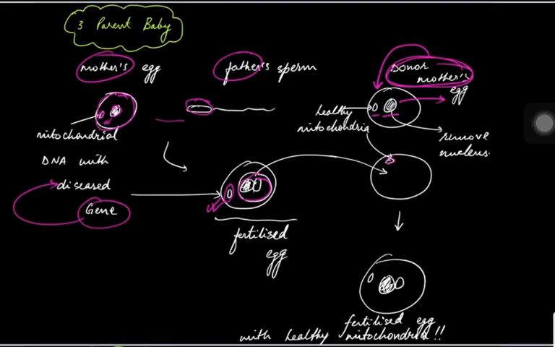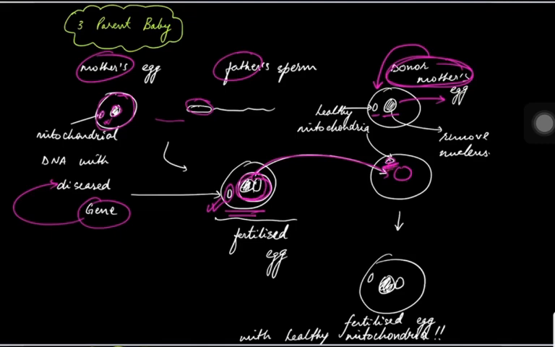And then you take the fertilized nucleus from the mother's egg, which had diseased mitochondria, and transplant it into the healthy nucleus-less donor mother's egg. As I told you, the mitochondrial DNA does not participate in the genetic process, therefore there is no issue associated with the genetic characteristics of the three-parent baby.